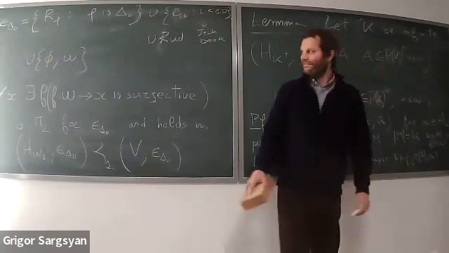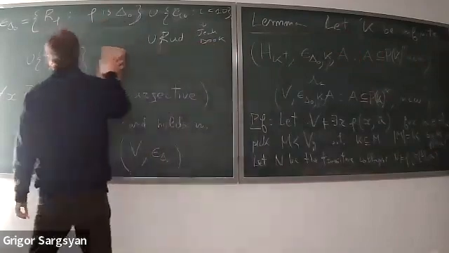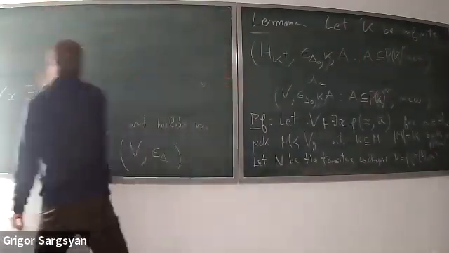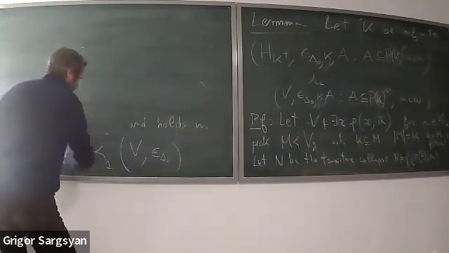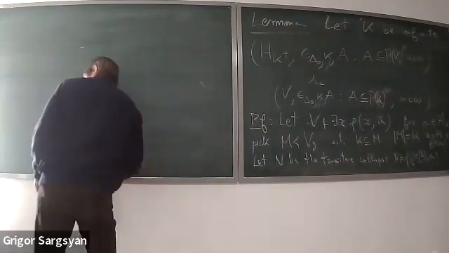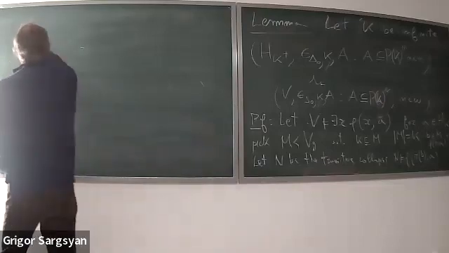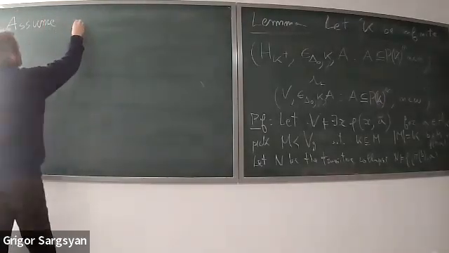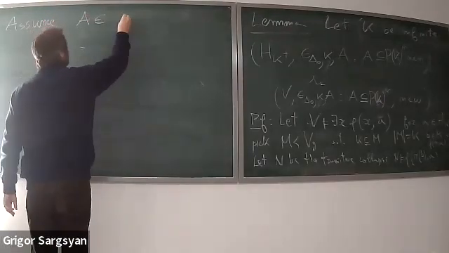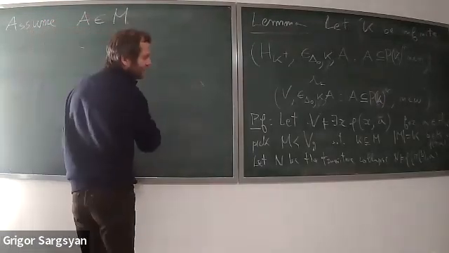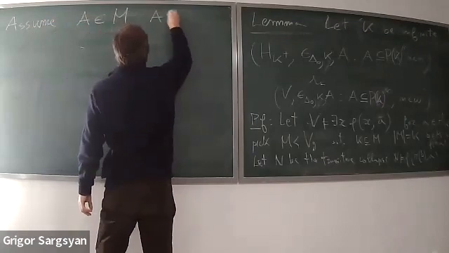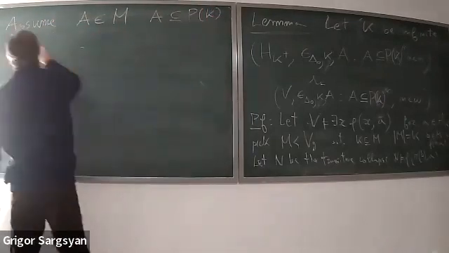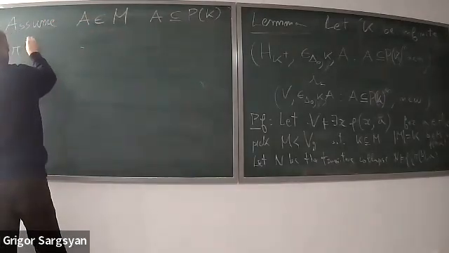And now we just have to check that those predicates are correctly mapped down to N. So we just have to check what is A intersection N. Assume A belongs to M, and A is a subset of the power set of kappa. And what is phi of A?